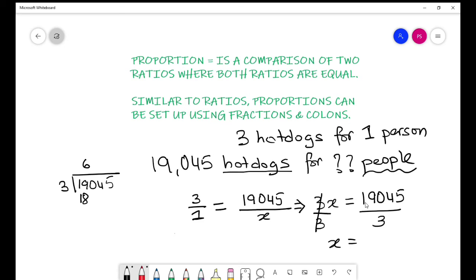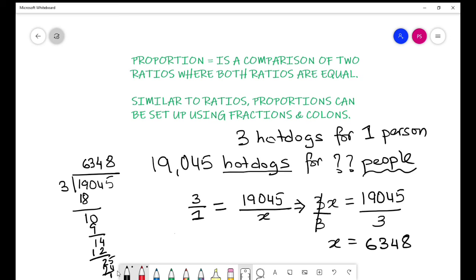3 goes 6 times into 18. 3 times 3, 9. 3 times 4, 12. 2, and then 5 comes down. 3 times 8, 24. Obviously, we have a remainder of 1. Now, we get x as roughly 6,348.